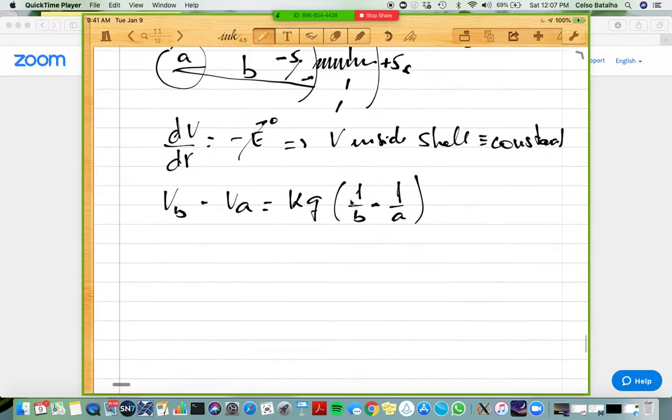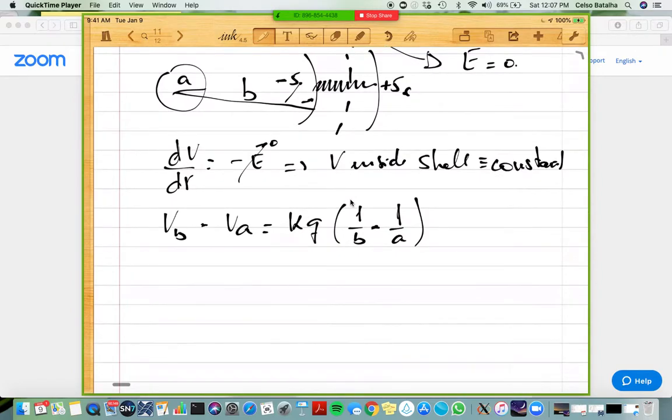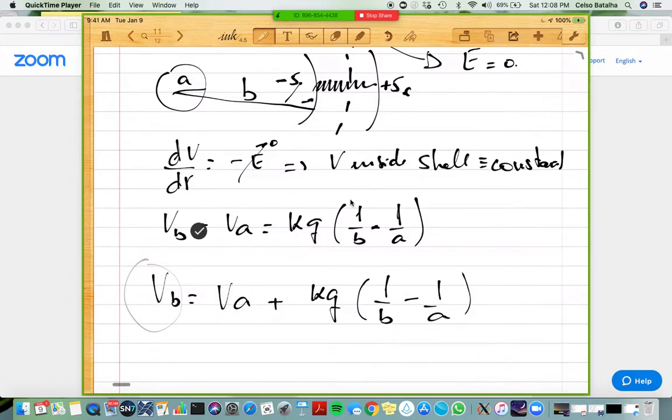So then we can find that VB is equal to VA plus kQ times (1 over B minus 1 over A). So again, VB is being determined as a function of VA, which we don't know yet because we haven't found it. And VB is the same all through the shell and is the same here, right? This is VB right there.